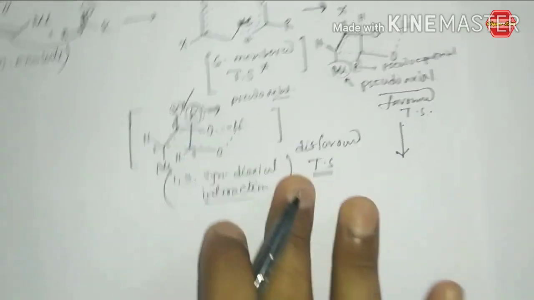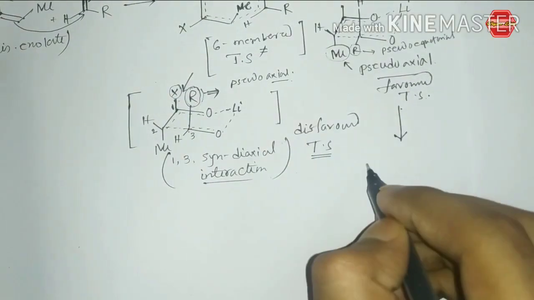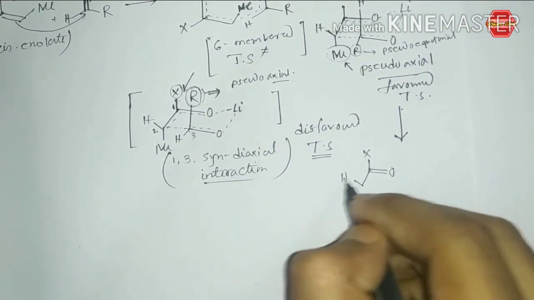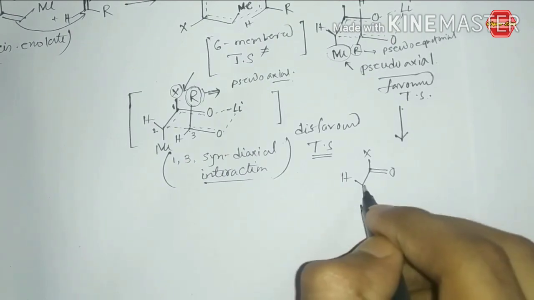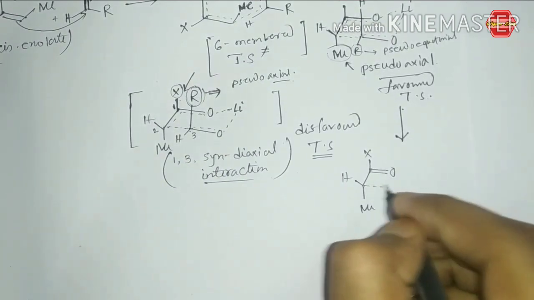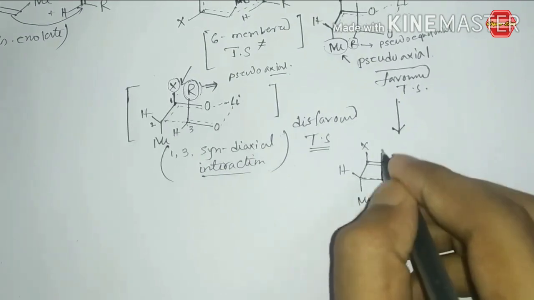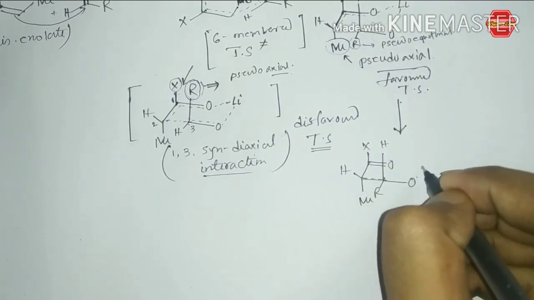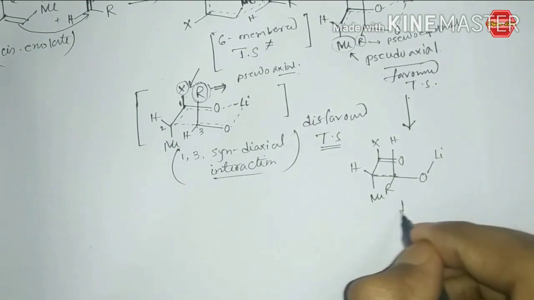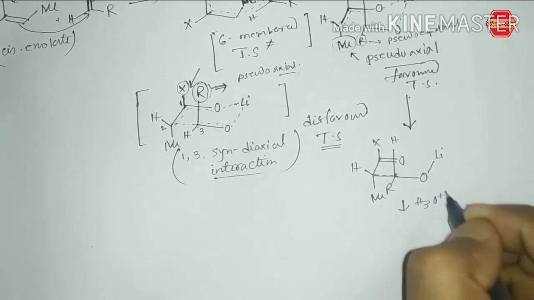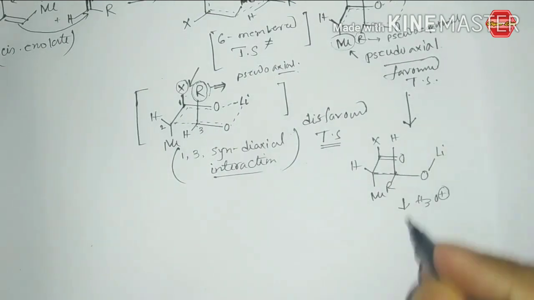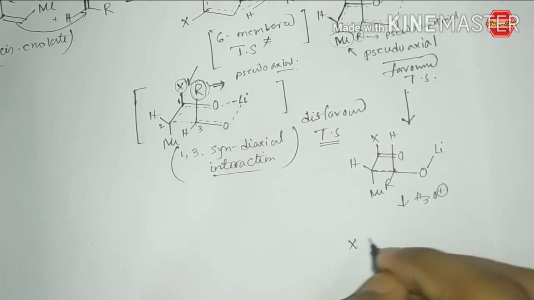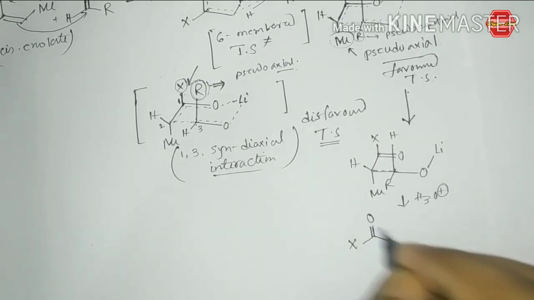I'm writing here 6, and after hydrolysis with H3O+, this O-Li bond gets protonated and forms OH, and after that the final product is this.